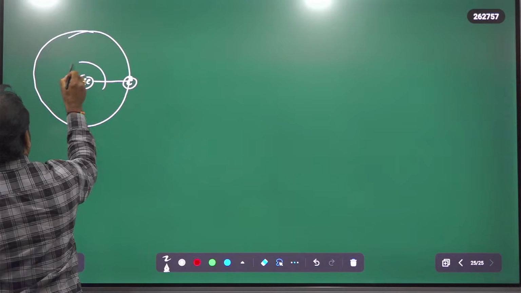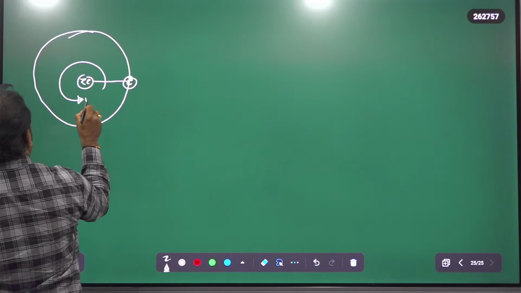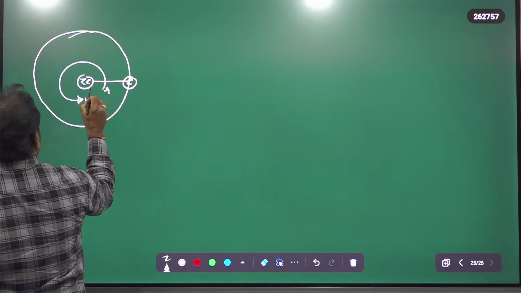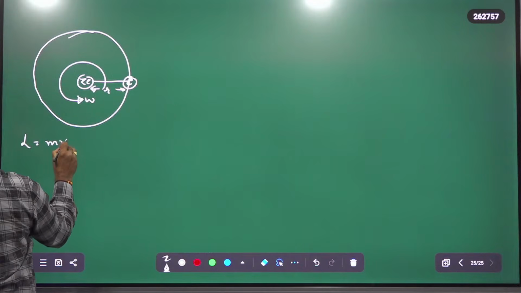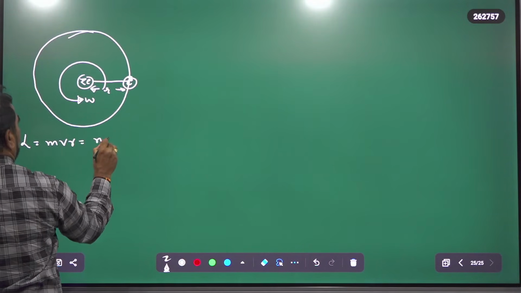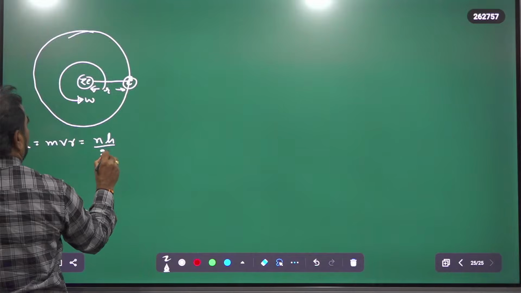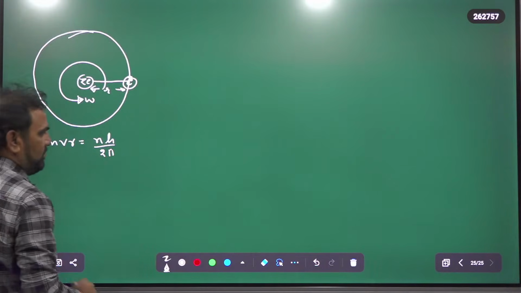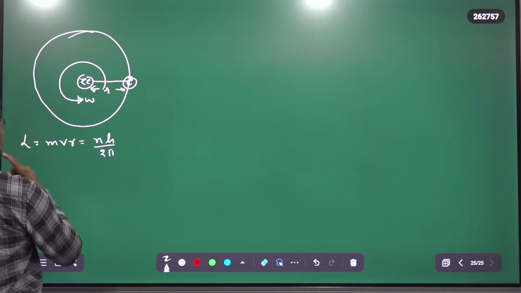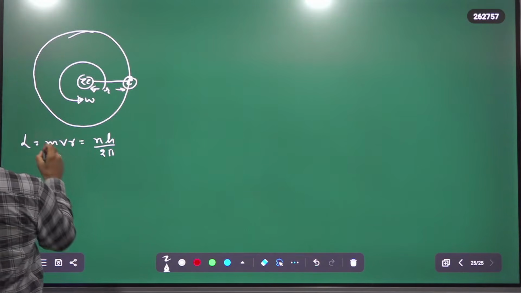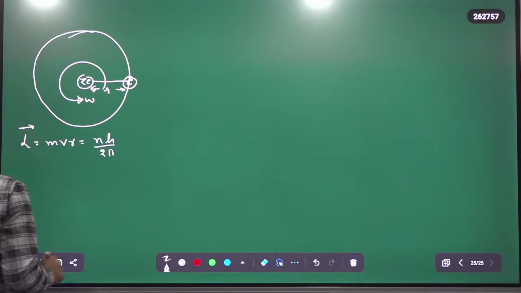When the electron is revolving in a circular orbit with an angular velocity omega, its angular momentum remains constant. That is, L is equal to mvr is equal to nh upon 2 pi, which is already known. So from this, mvr is equal to nh by 2 pi. This is the angular momentum.